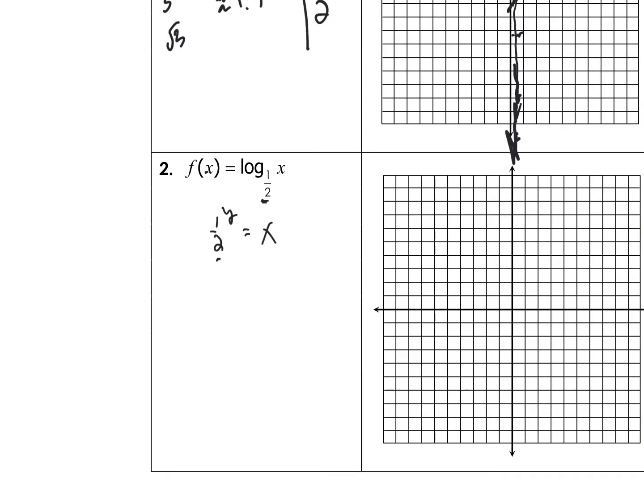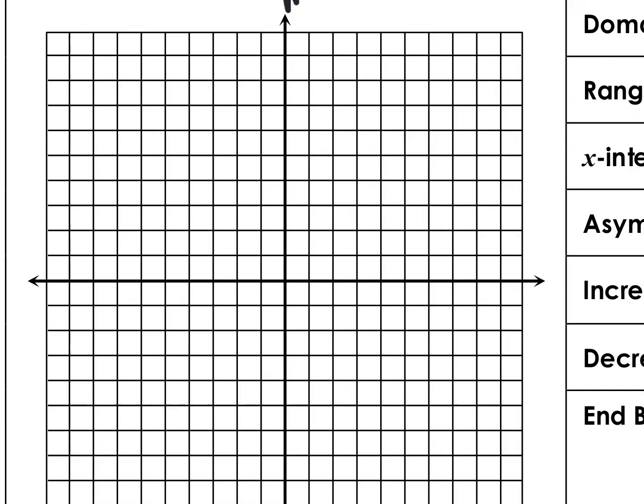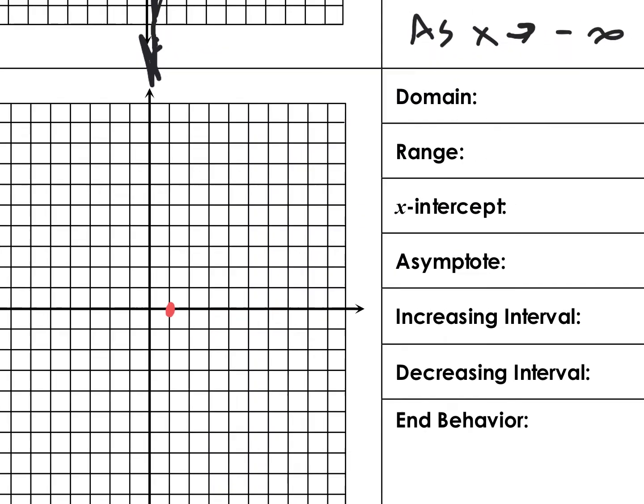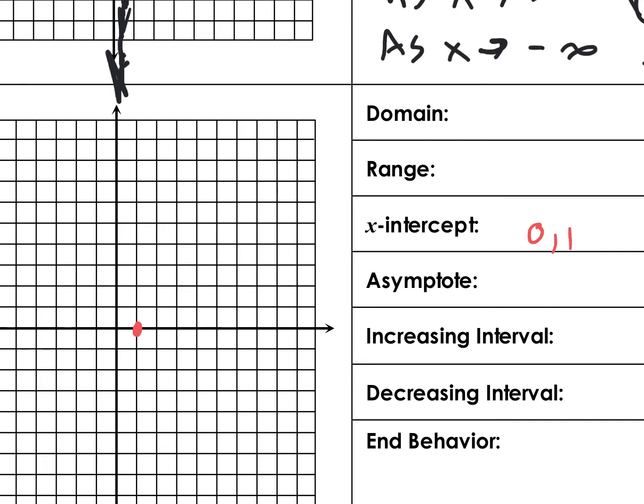Let's make a table again, which is not my favorite way of playing around. But let me plug in some x's, some y's I mean. Let me plug in y is 0. 1/2 to the 0 is 1. So there again, I have (1, 0). There's your x-intercept. May as well put that there.